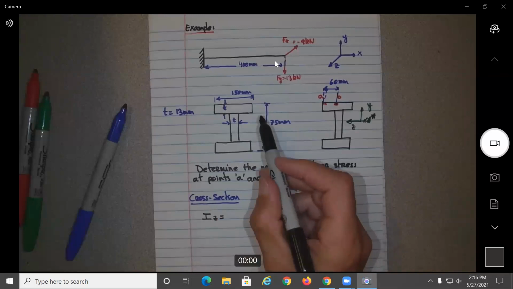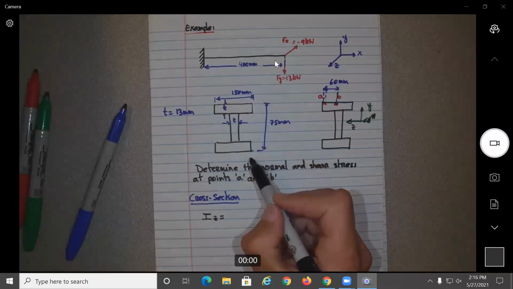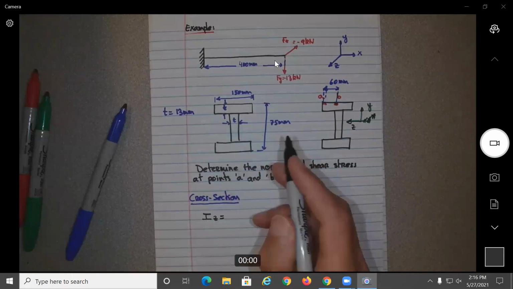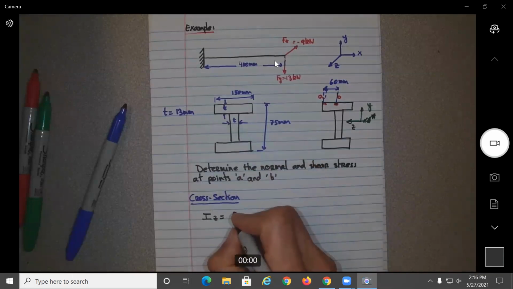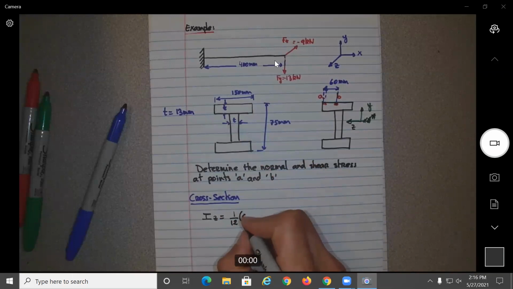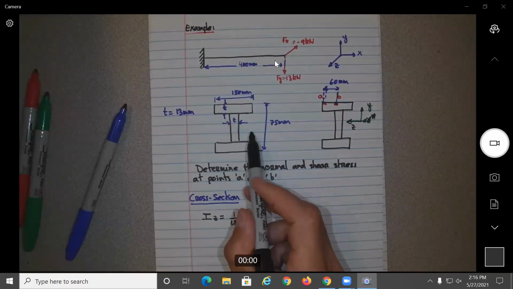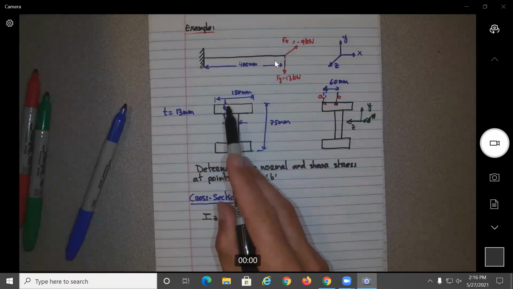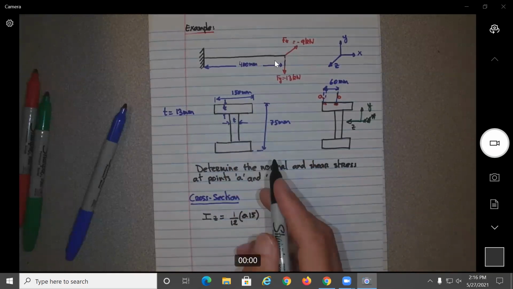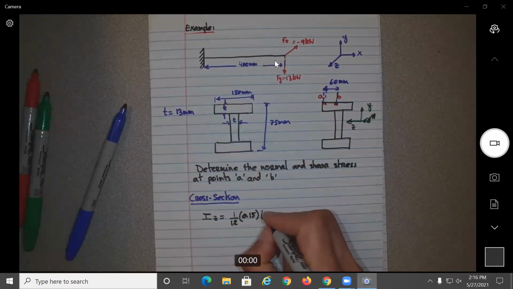I'm going to take the whole cross section, all of it. So this will be equal to 1/12 times 0.15 meters as the base, times the height, 0.075 meters cubed.